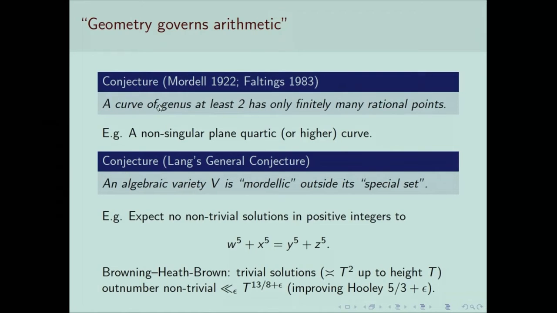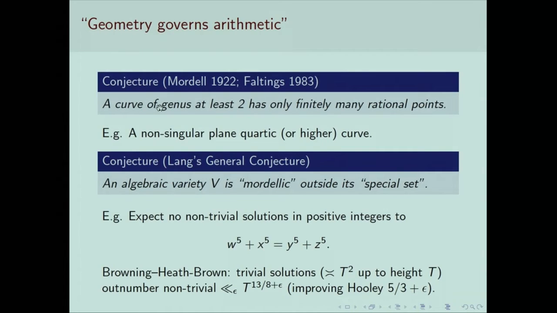A curve of genus 2 or more has only finitely many rational points. And the general conjectures of Lang develop this idea very precisely in terms of the geometrically defined special set of a variety, and the conjecture that outside the special set you have only finitely many rational points.